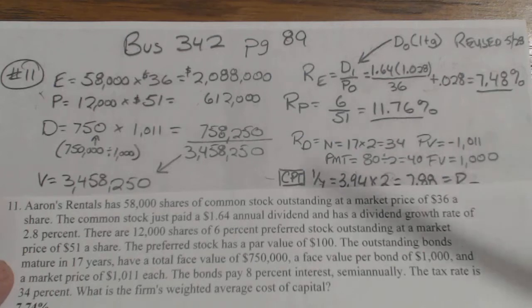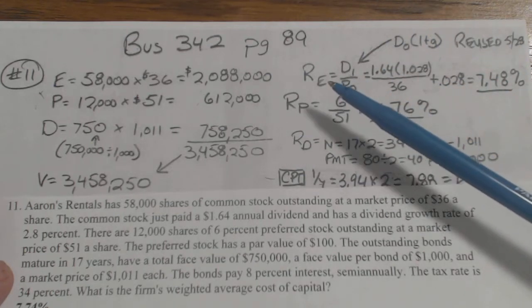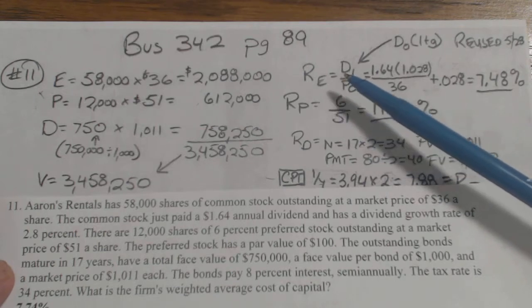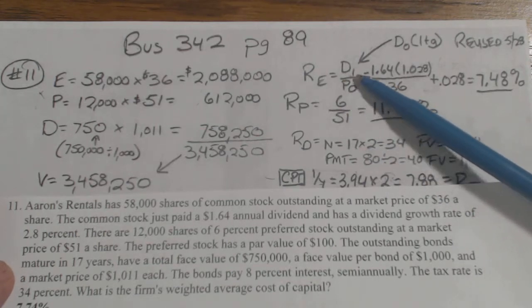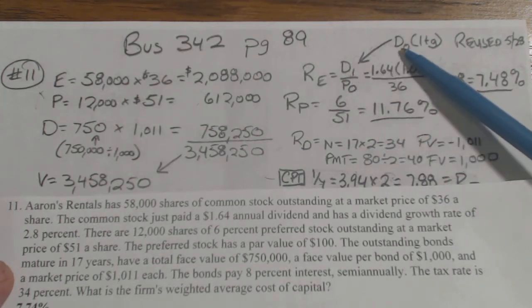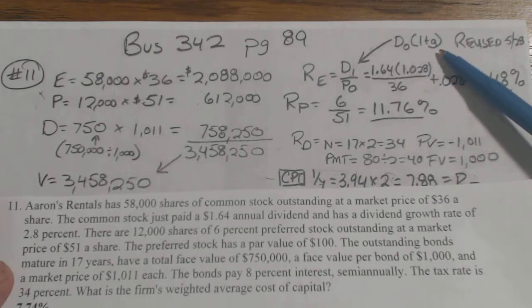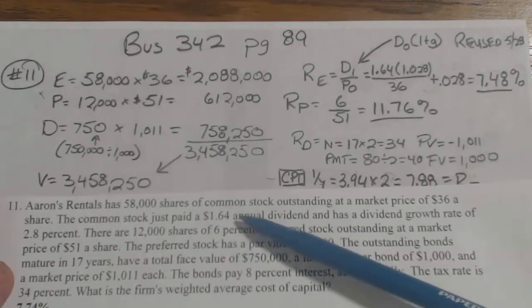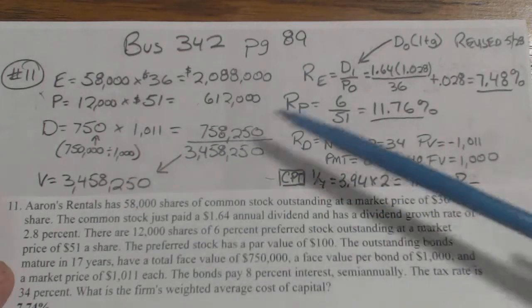Now the cost of equity, the equity rate of return, is D1, which is D0 times 1 plus the growth rate, over the current price, plus the growth rate. We know D0 was $1.64 and the growth rate is 2.8%.